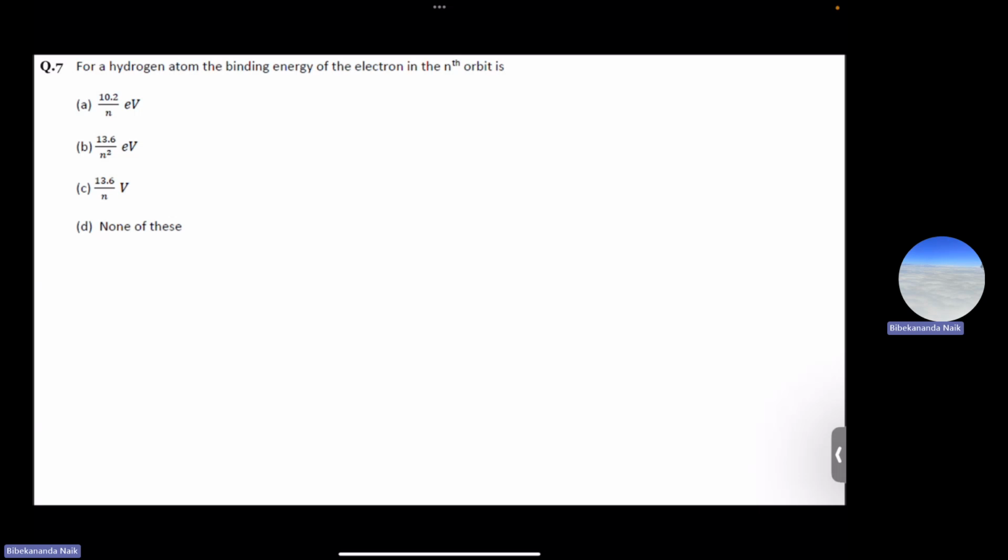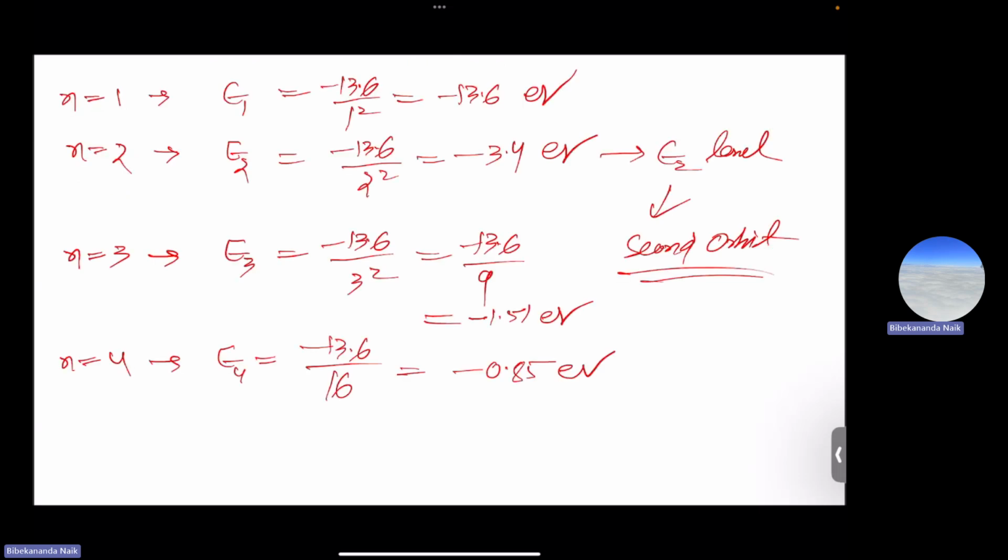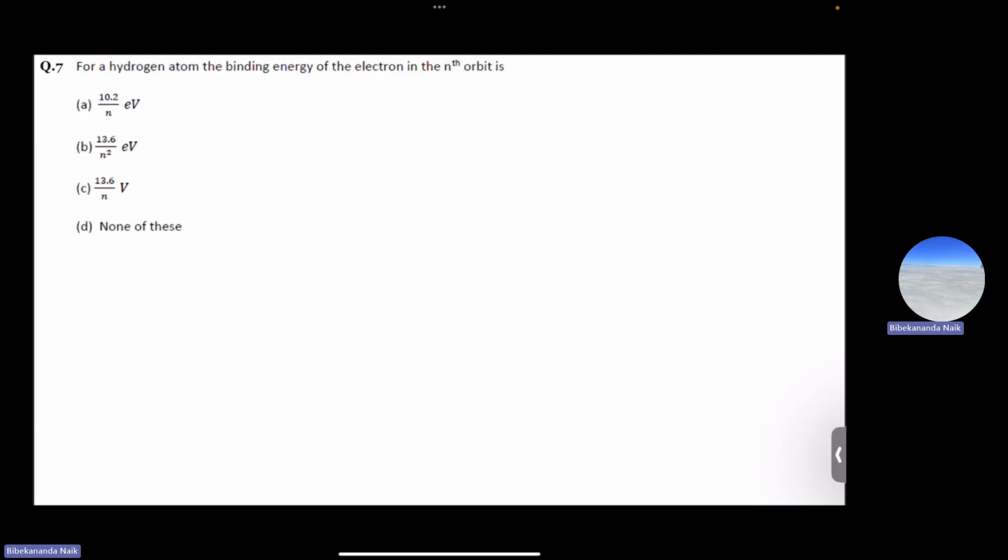For n equal to 1, the energy is minus 13.6 electron volt. For n equal to 2, it is minus 3.4 electron volt. If the electron is at n equal to 1 and you want it at n equal to 2, you need to give some energy so that it will move from 1 to 2. Similarly, the binding energy is the energy that we need to supply to the electron so that it comes out of the atom.